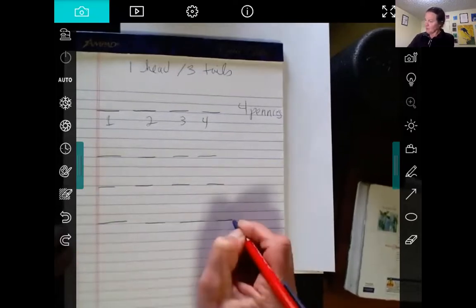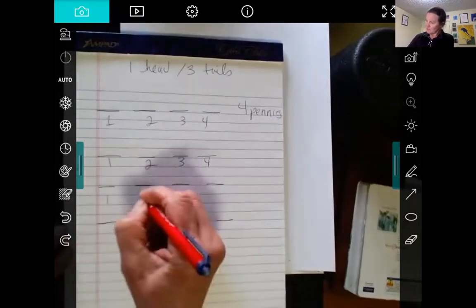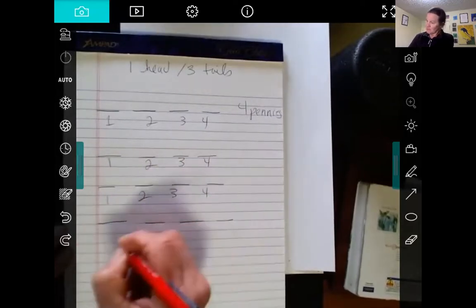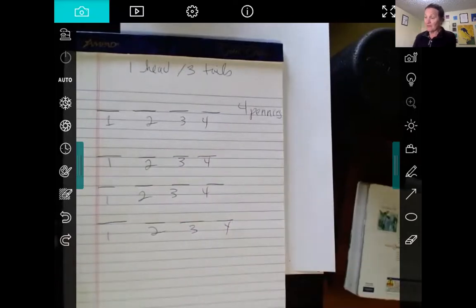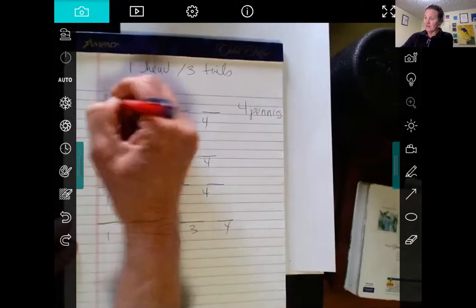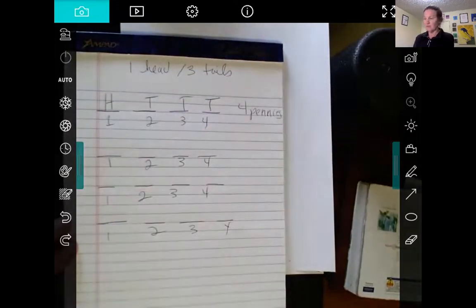So you can tell the pennies apart. So when you flip the pennies, these are just the numbers of the pennies. So first case could be the head ends up with penny number 1. That's one possibility.